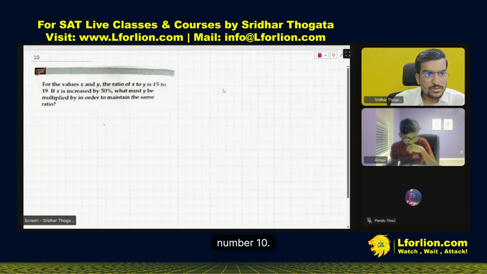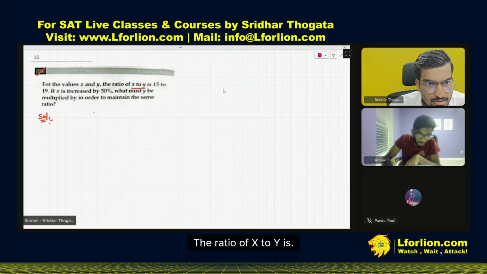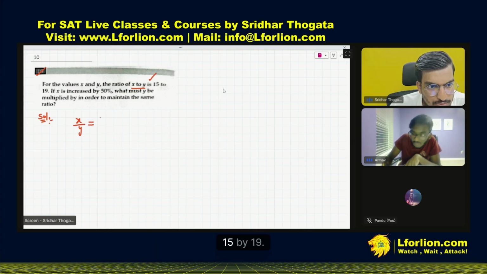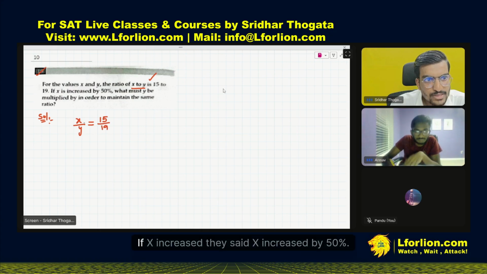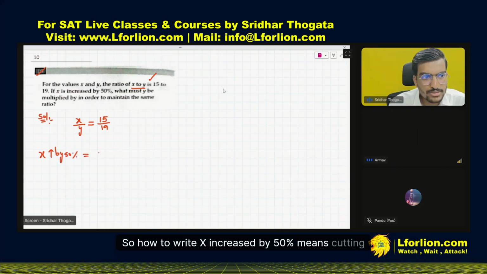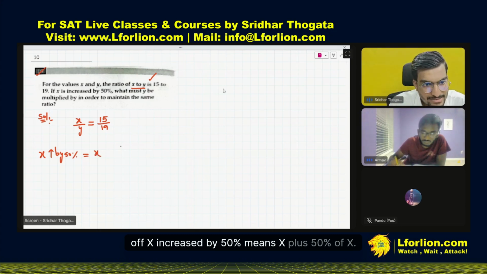Number 10. For the values of x and y, the ratio of x to y is 15 to 19, 15 by 19. They said x is increased by 50%. How do we write that? x increased by 50% means x plus 50% of x.